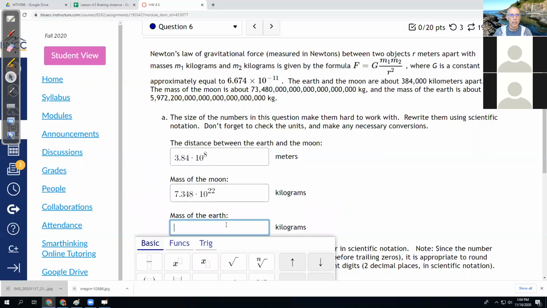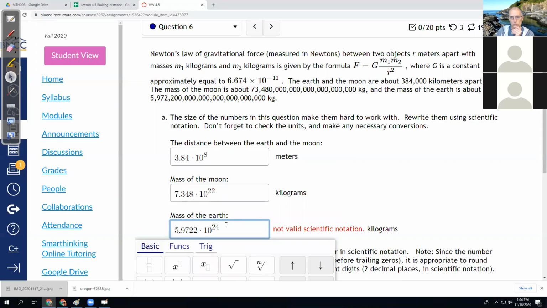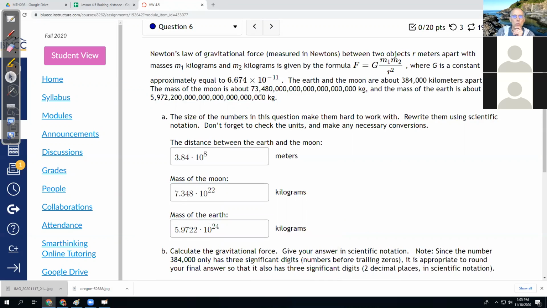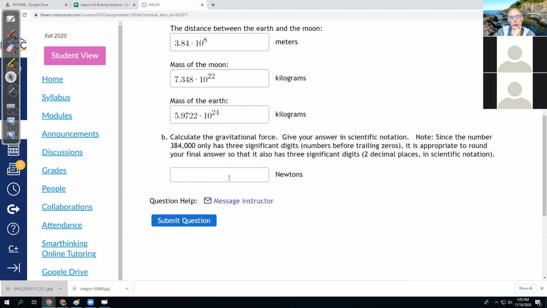And the Earth came out to be 5.9722 times 10 raised to the 24th is my recollection on that one. 1, 2, 3, 4, 5, 6, 7, 8 groups of 3 to move that decimal point. 8 times 3 is 24. Cool. Once we have those, then we plug all that into a calculator.